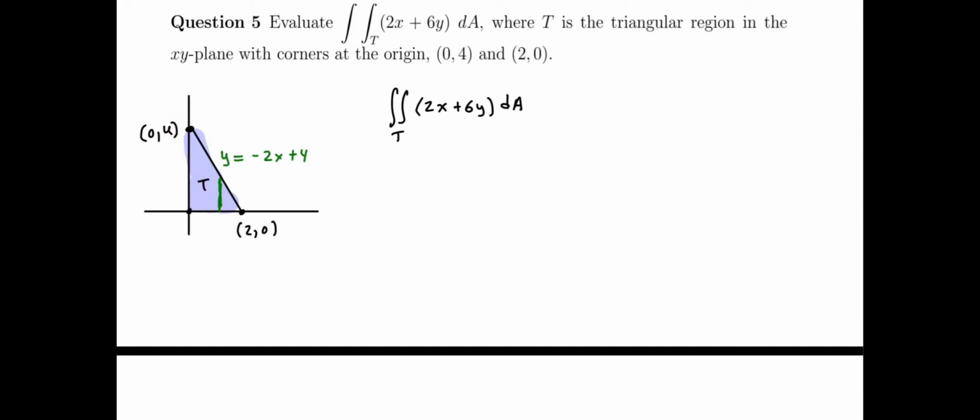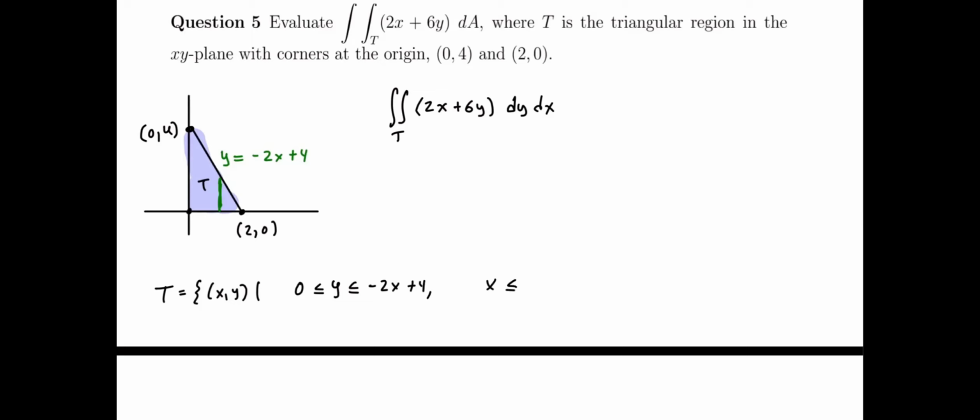So I'm going to describe T as the set of points (x, y) such that, let's find the bounds on y. We're doing this as a type 1 region, so our dA is going to be dy dx. That means y will go from a function to a function. The lower limit of y is 0, and the upper limit is the equation negative 2x plus 4.